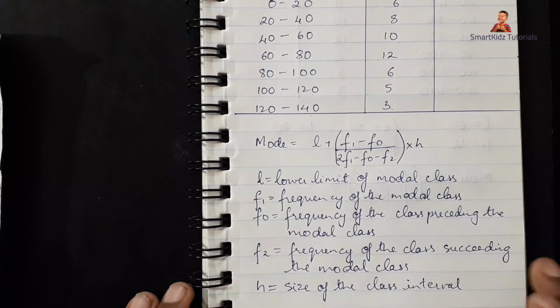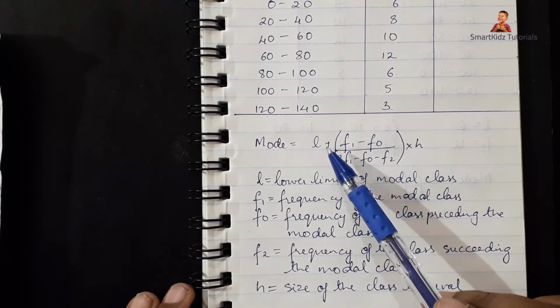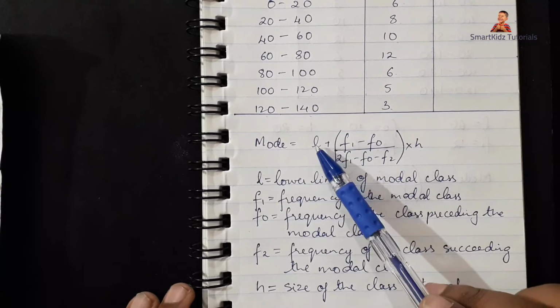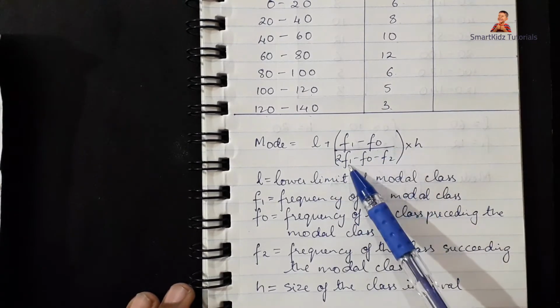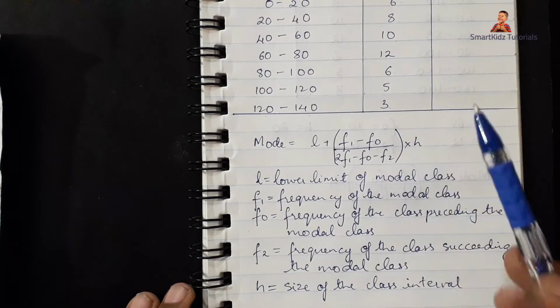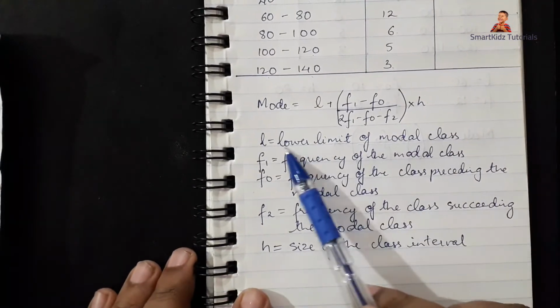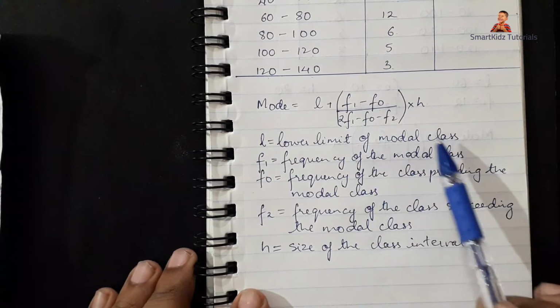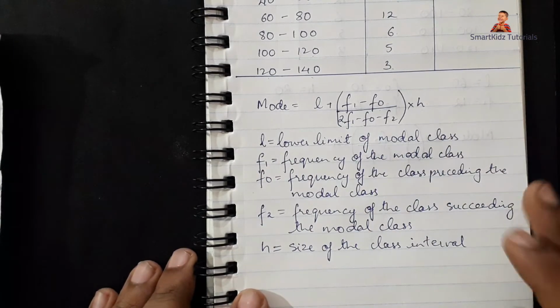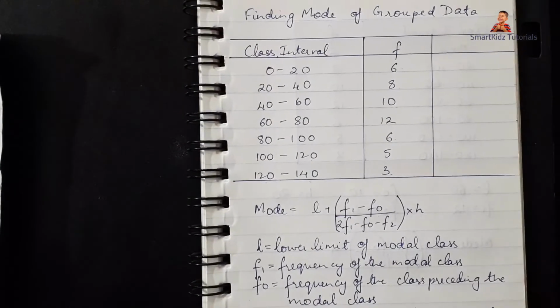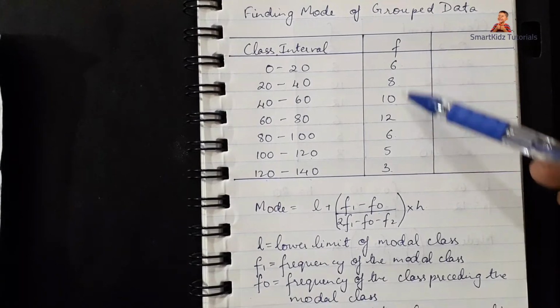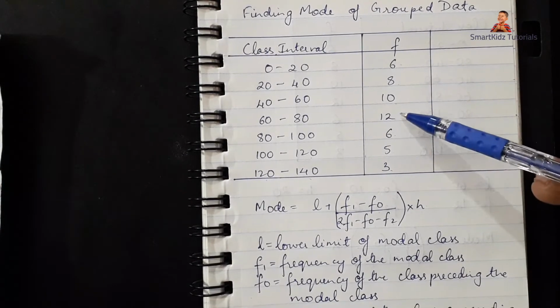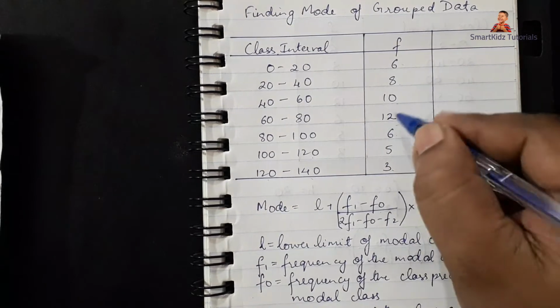Now to use this formula, we need to know what L, F1, F0, F2, H stand for. So L is the lower limit of the modal class. But how do we find the modal class? To find the modal class, we look at the frequency column, and the frequency which is maximum, in this case it is 12.